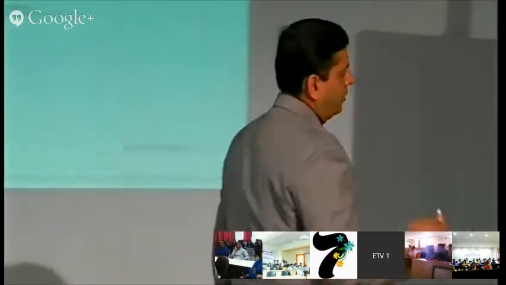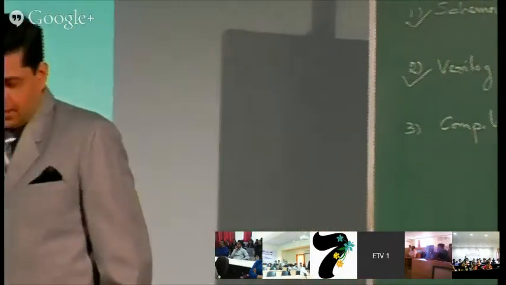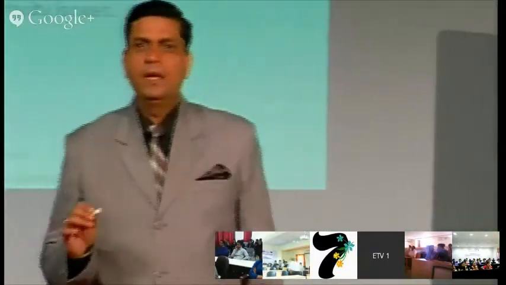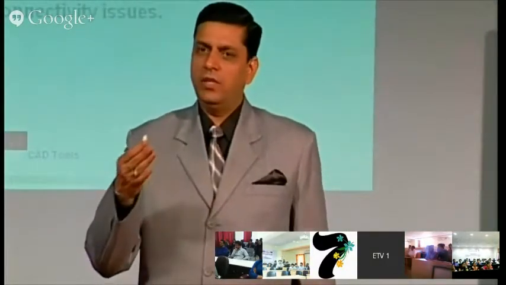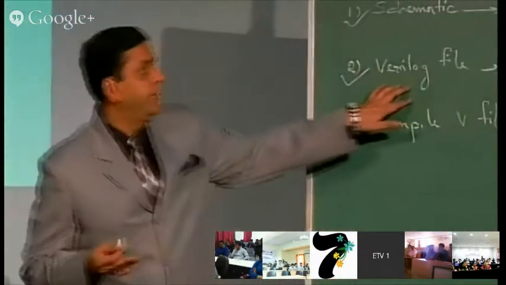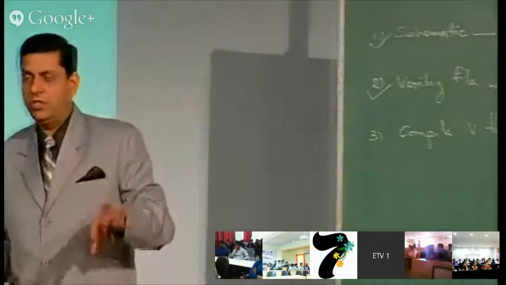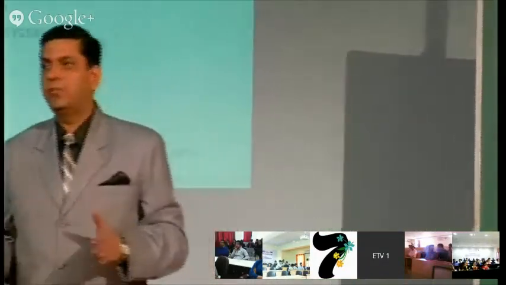If your design is in the form of code, or in the form of Verilog, then straight away you can start with this step of your Verilog file. One important thing is this: whatever file you have, let us say you have some code with you and you want to start from there, then you are going to work in this part, the Verilog file. But this Verilog file should be compatible with the software in which you are working, because compatibility is very important in this case.